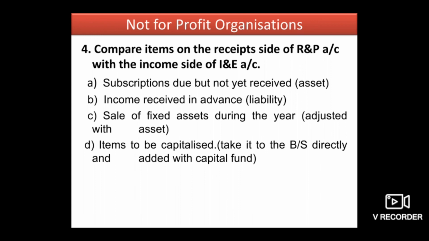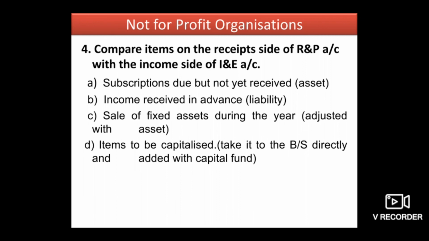The first one is subscriptions due but not yet received. It is an asset, it should be recorded on the asset side. Then income received in advance. If any income is received in advance, that is a liability. It should be recorded on the liability side.